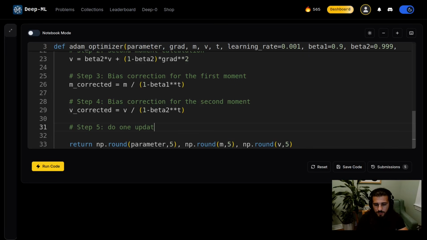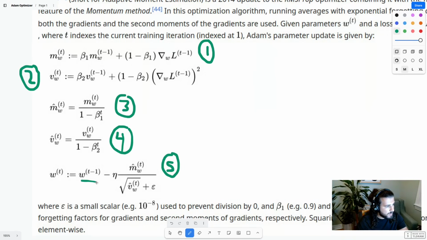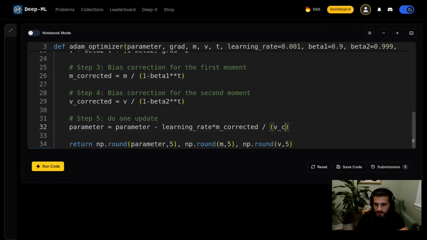And then we're going to just put everything together to do one update. It's going to be parameter equals parameter minus the learning rate times M corrected, divided by the square root of V corrected, that is V corrected exponent 1 divided by 2, plus epsilon.